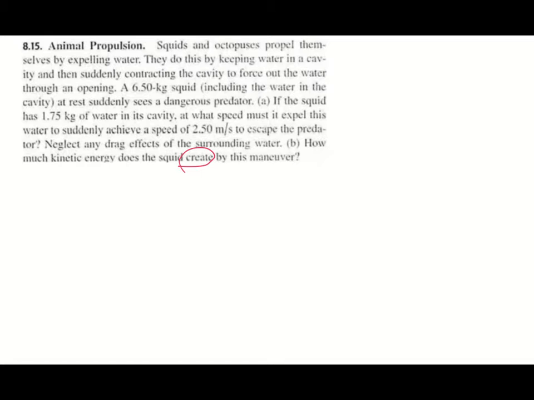But all we have to do is find the kinetic energy of each part. So it's going to be 1/2 times 4.75 kilograms. Remember, that's the actual mass of the squid itself. It's the 6.5 minus the 1.75.